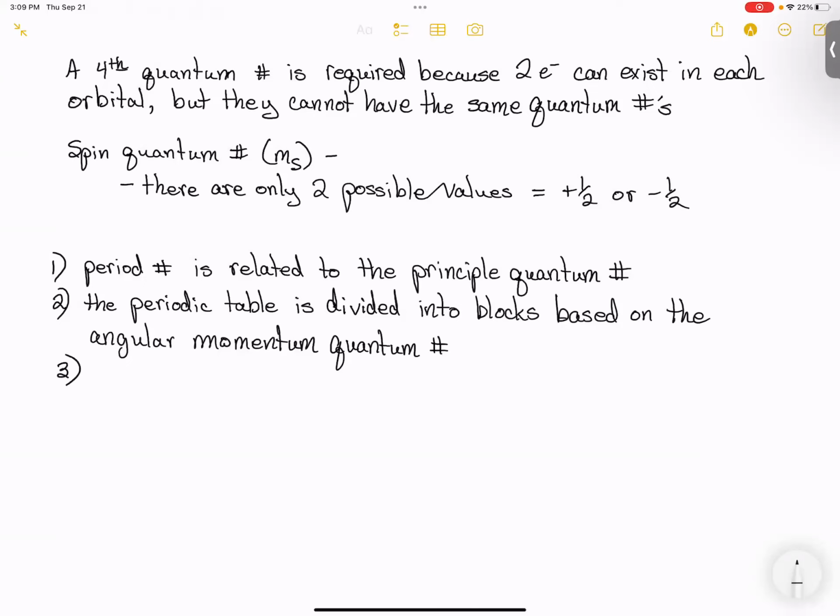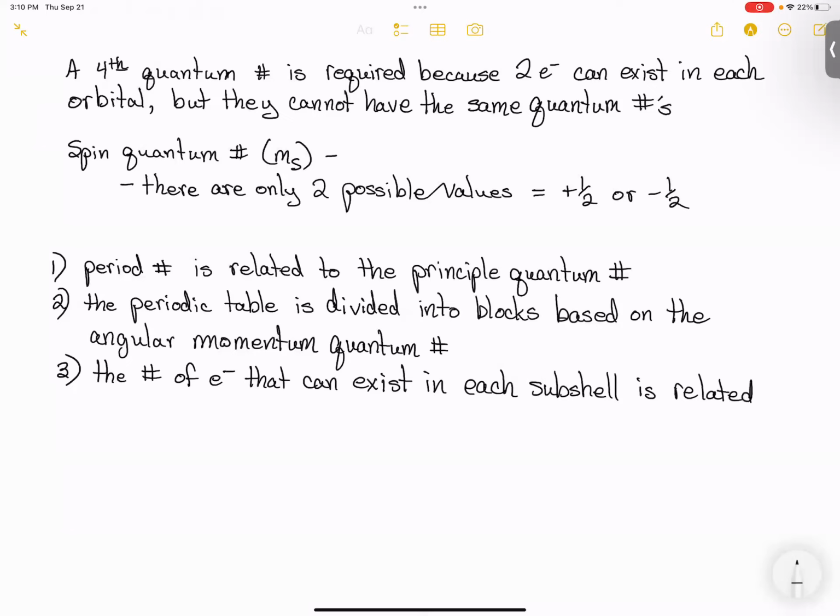Number 3, the number of electrons that can exist in each subshell is related to the block on the periodic table.